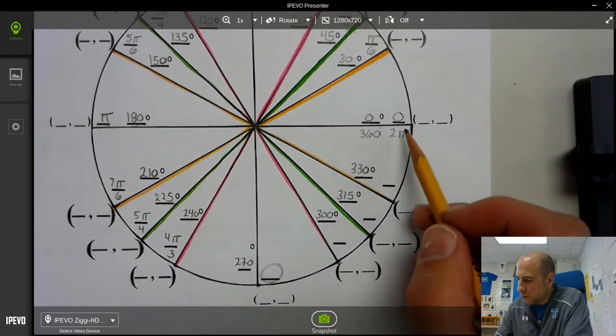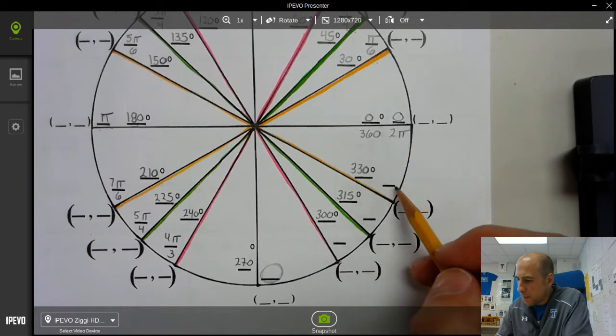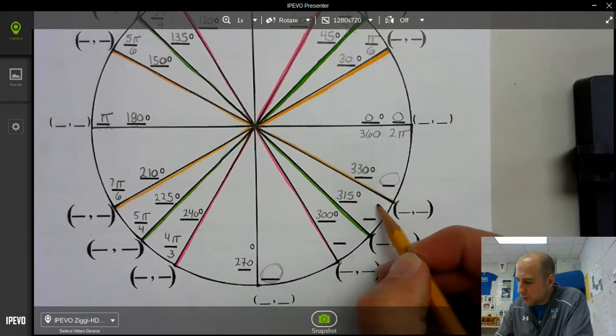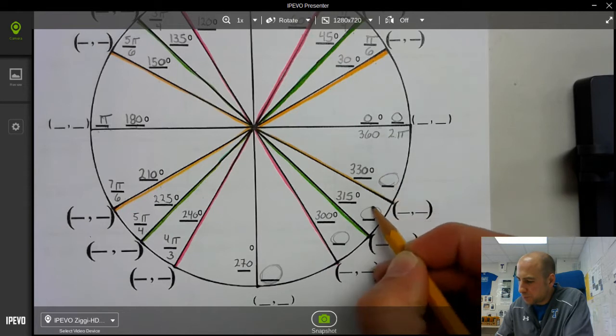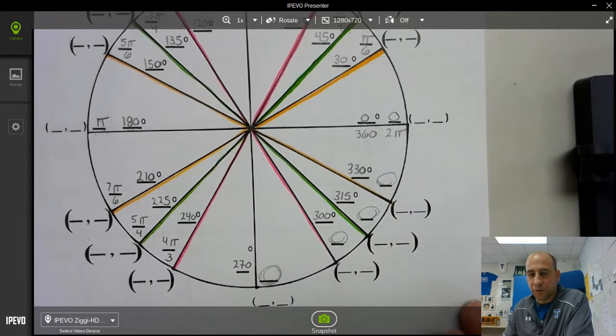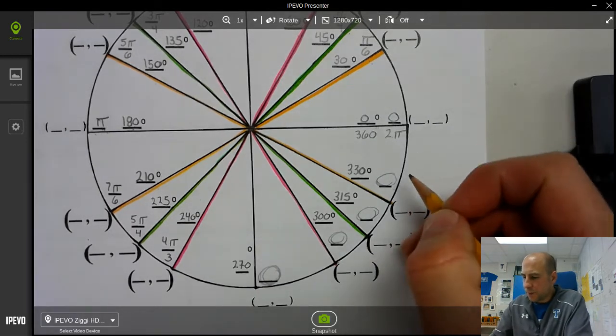So, but then going back to our reference, here our reference is 2 pi. Okay. So we take 2 pi minus pi divided by 3. And you know what? Let's go ahead and work these pi values in class, okay? All right, so we'll finish that part of pi in class.